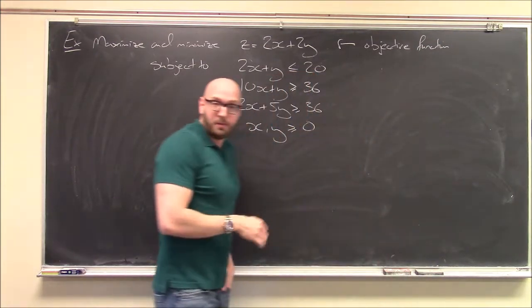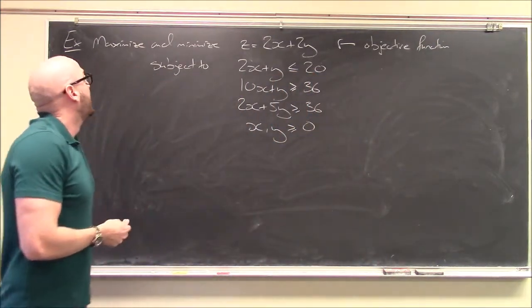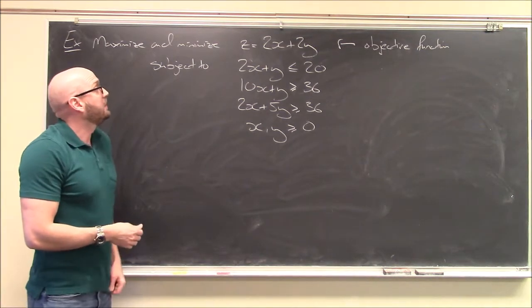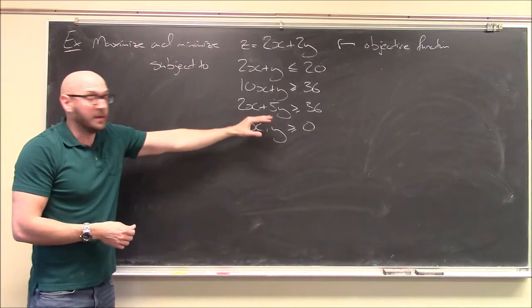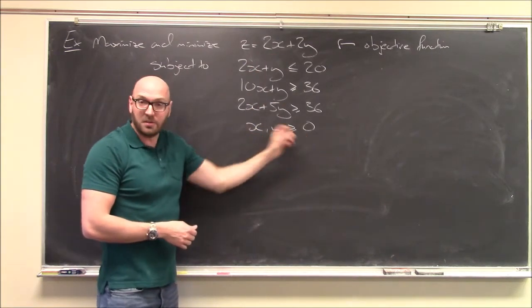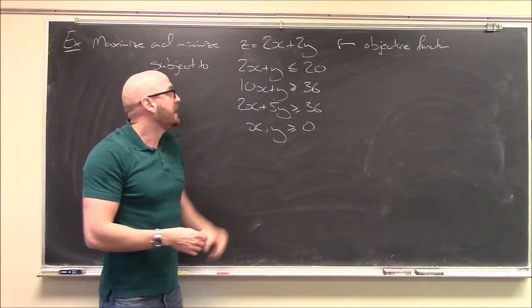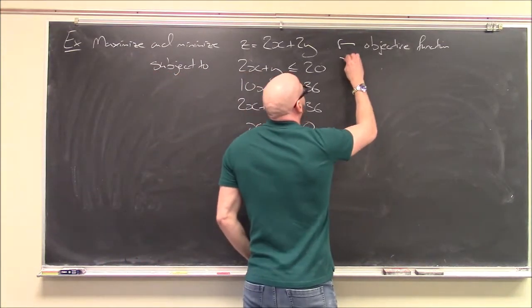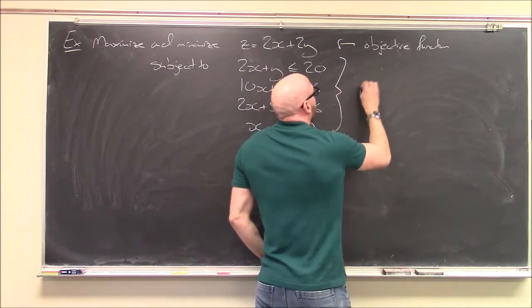Here's the function we want to find optimal solutions to. And we have our problem constraints here, subject to this system of linear inequalities. It's a pretty big system, and it has these non-negative constraints that we have to have: x is bigger than or equal to 0, and y is bigger than or equal to 0. So these are the problem constraints.